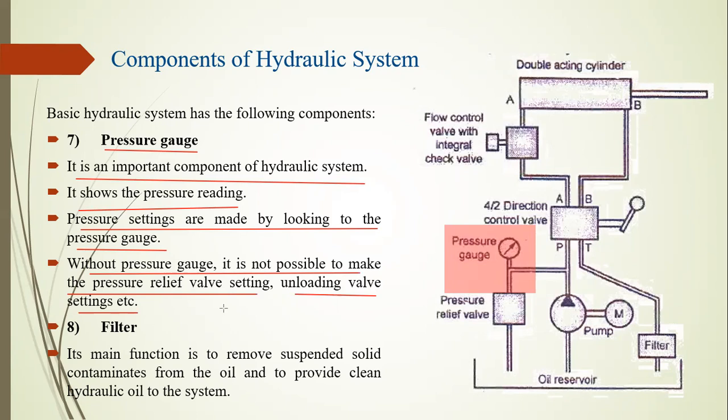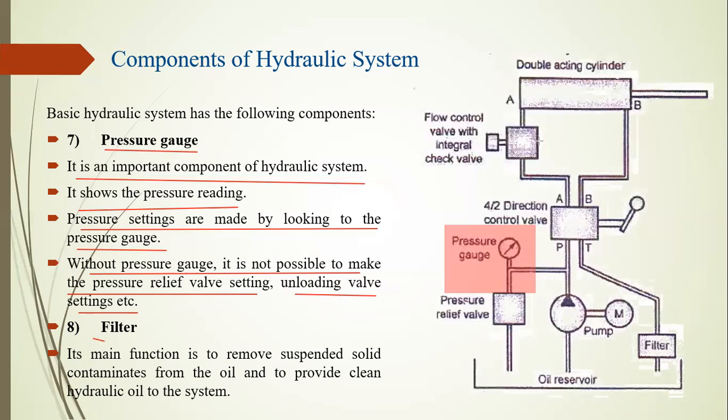The pressure relief valve requires a preset limit, and the unloading valve also requires a preset limit. When the preset limits are exceeded, the valve operates, like the pressure relief valve or the unloading valve. So it is necessary to know the exact pressure by attaching a pressure gauge in a hydraulic system.